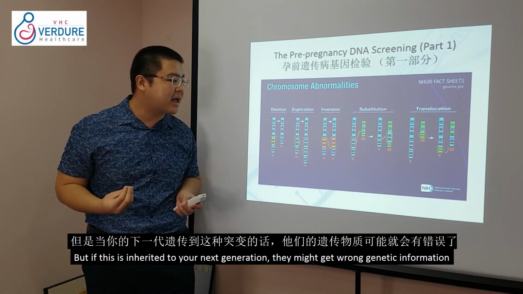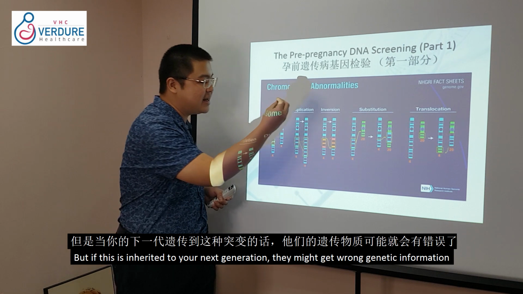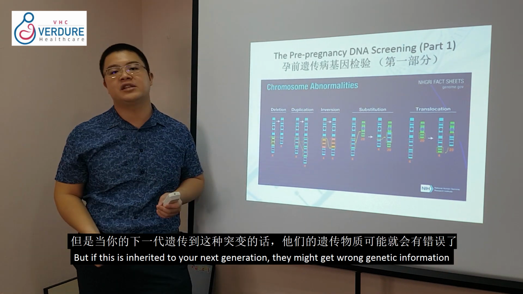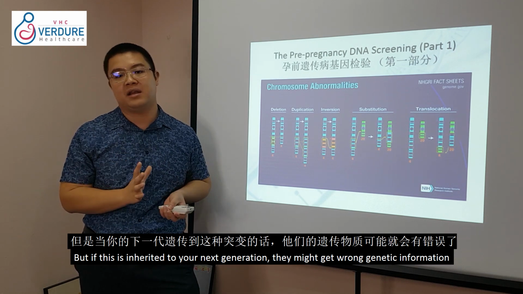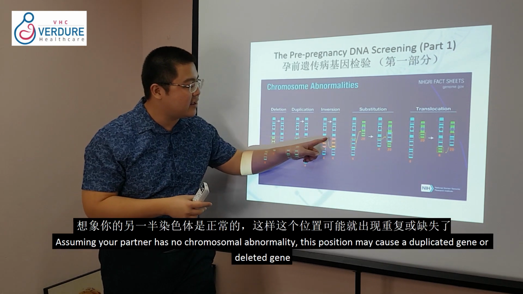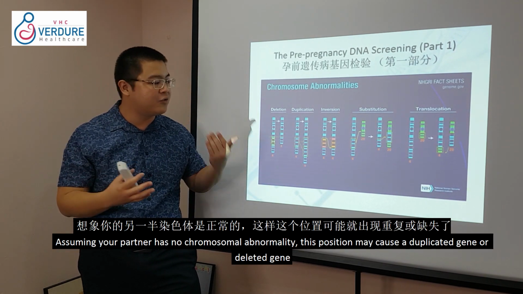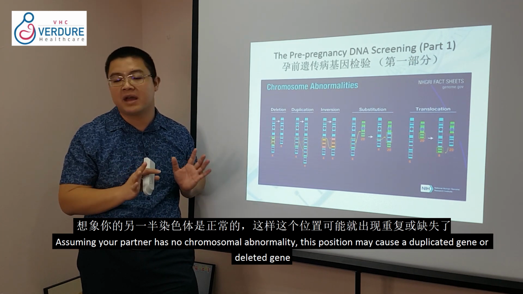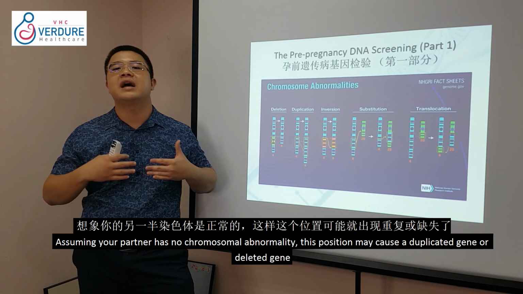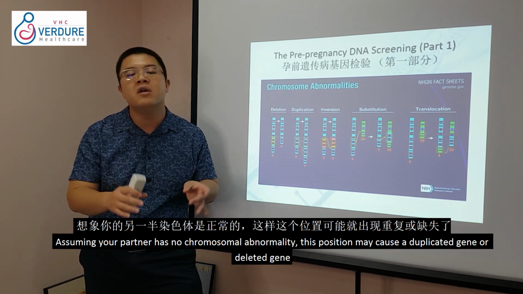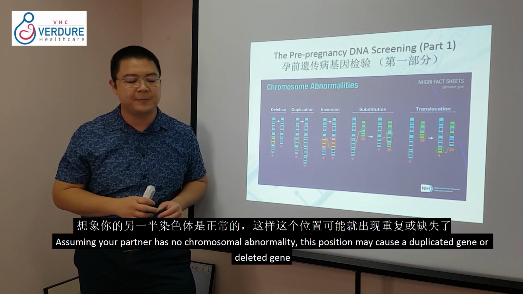But if you were to inherit this into the next generation, they might get some wrong genetic information because, assuming your partner is normal with nothing wrong with their chromosomes, the position of it might cause a duplicated particular gene or deleted particular gene.